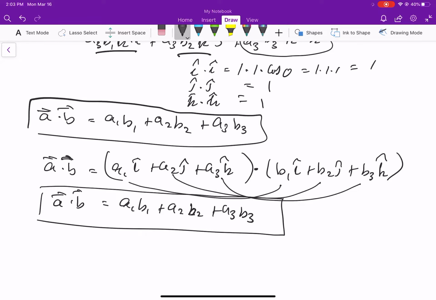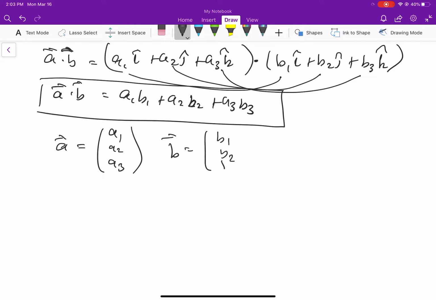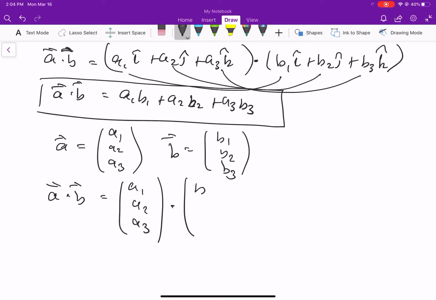And by the way, if the vectors were given in column vector form, let's say A was given as A1, A2, A3, and B was given as B1, B2, B3, then A dot B would be equal to A1, A2, A3 dot B1, B2, B3.